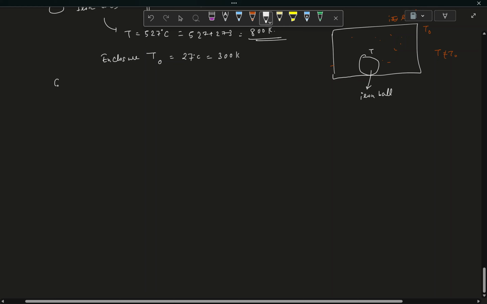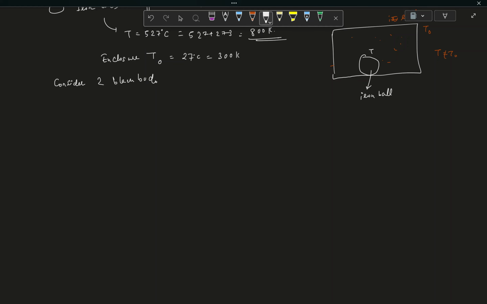So these are two black bodies, the iron ball and the enclosure, which are in thermal contact.